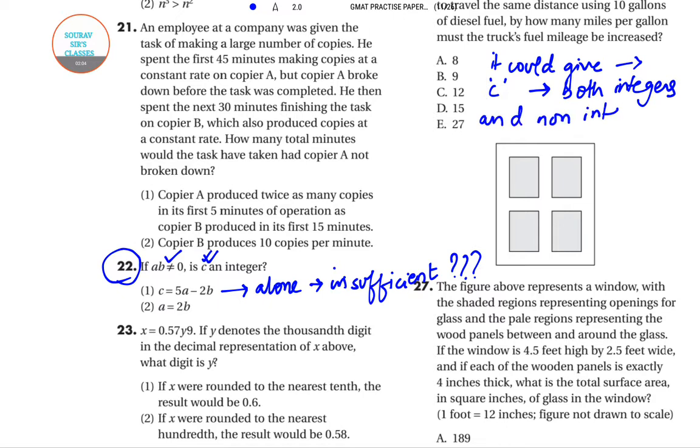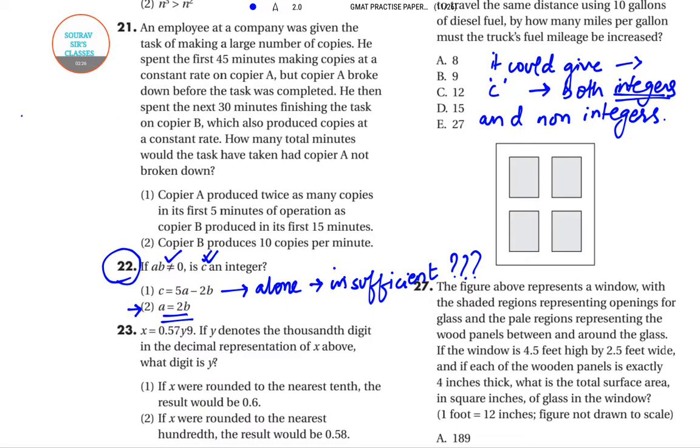However, the question asks us to restrict ourselves to the domain of integers. So we cannot pick this. So 1 cannot be alone sufficient. Let us now move on to statement 2. That is, it's a relation A is equal to 2B.